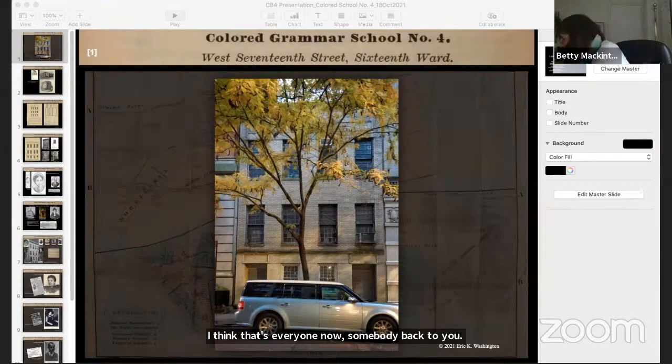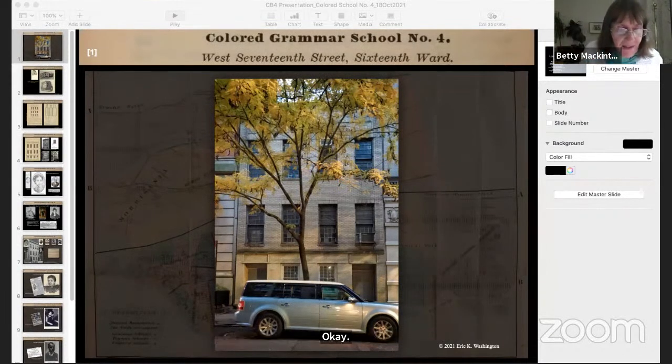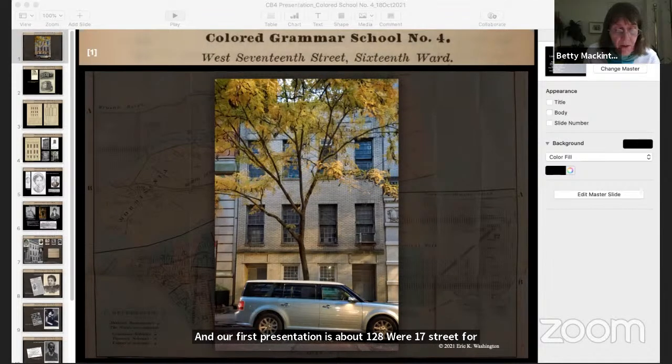Okay. We have a full agenda tonight, and our first presentation is about 128 West 17th Street, former Colored School number 4. After that, we're going to have a discussion and vote about statement of district needs and budget requests.